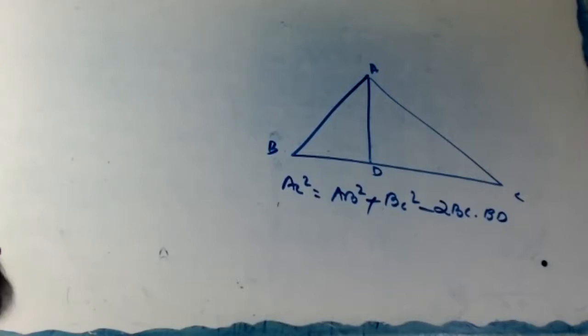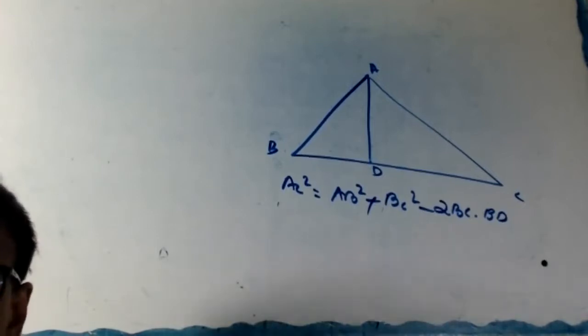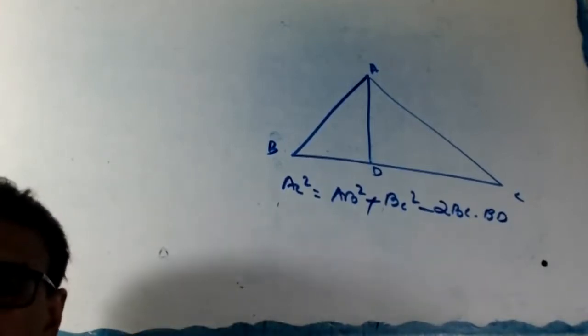Okay. Question again. Prove that sum of the squares of the diagonals of a parallelogram is equal to sum of the squares of the sides. Okay, try now.